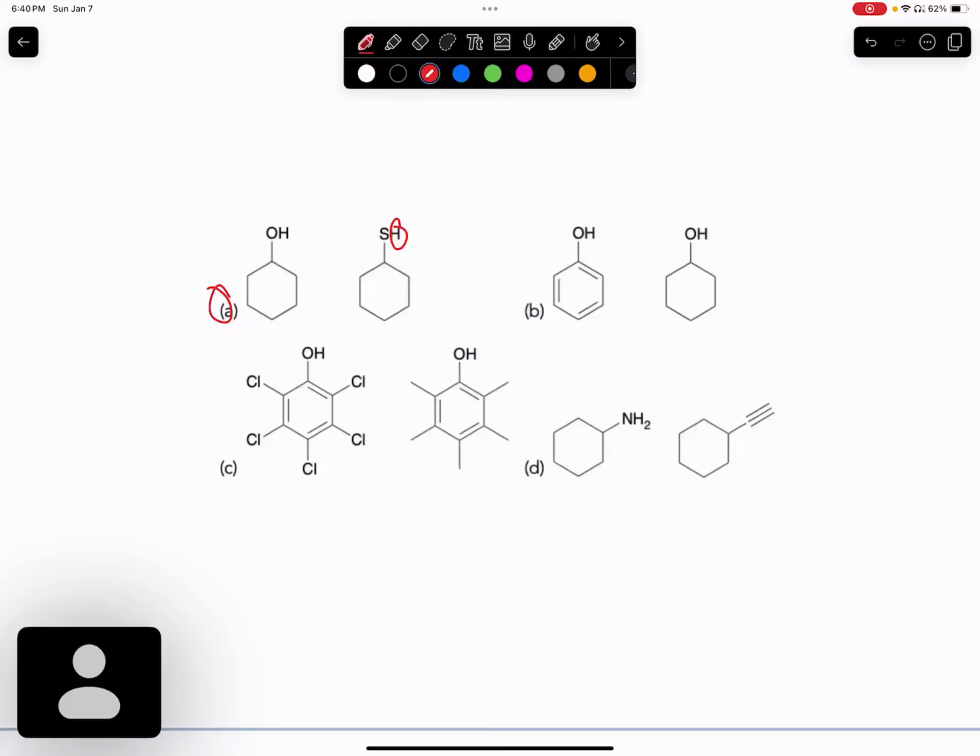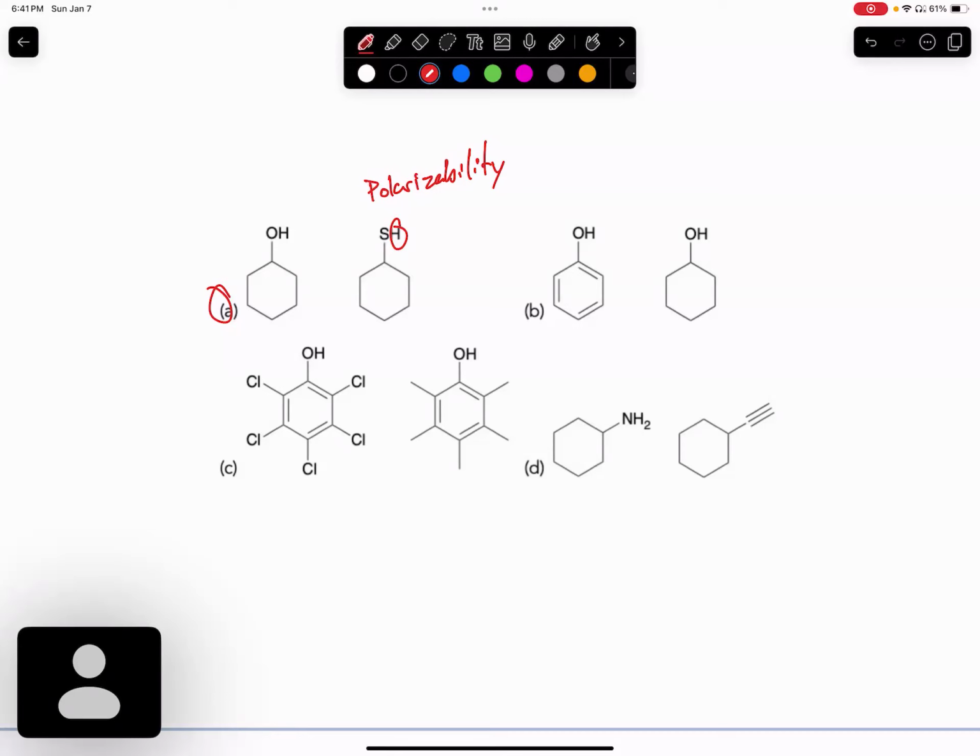Because we're going down the periodic table, so sulfur is bigger than oxygen. You could look at it in terms of size, but the concept is polarizability. You can handle that negative charge because of the electron density. The electron cloud of sulfur is bigger than oxygen.